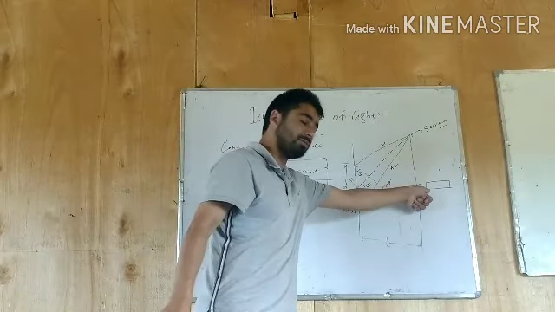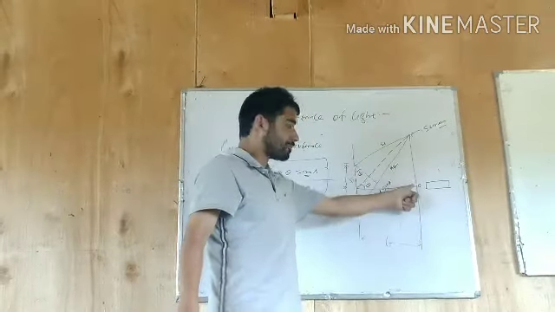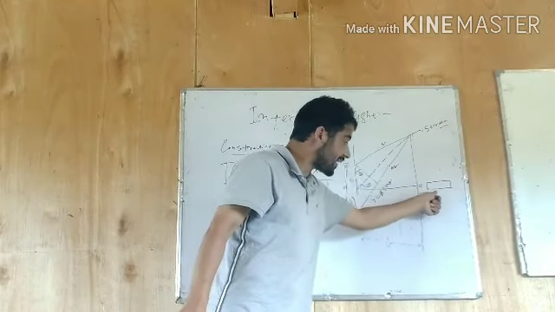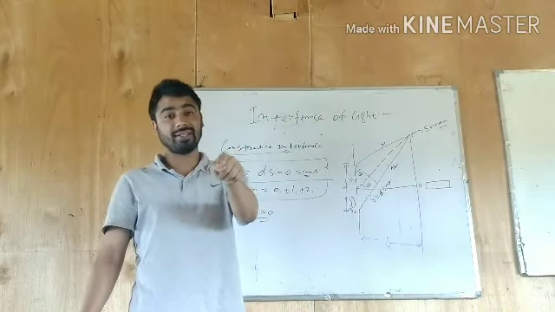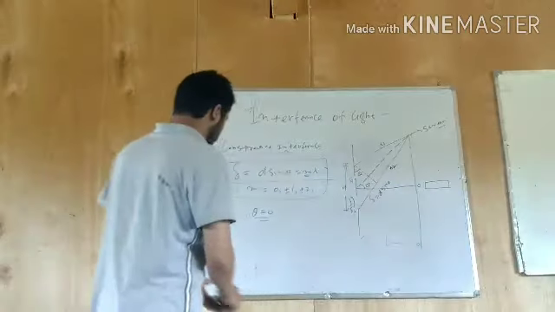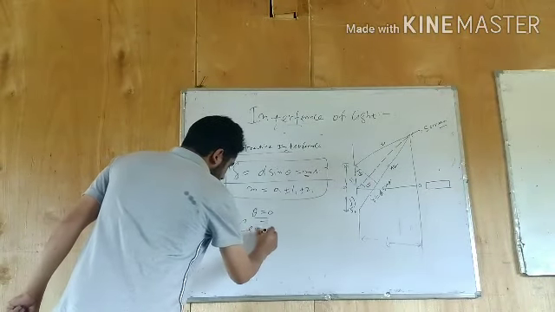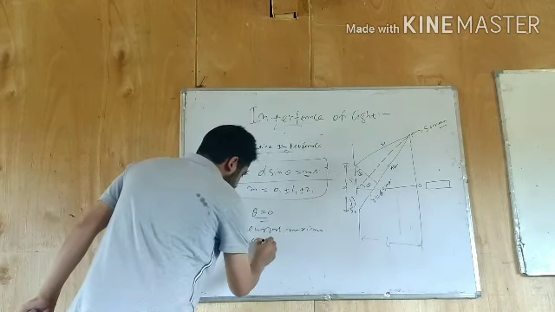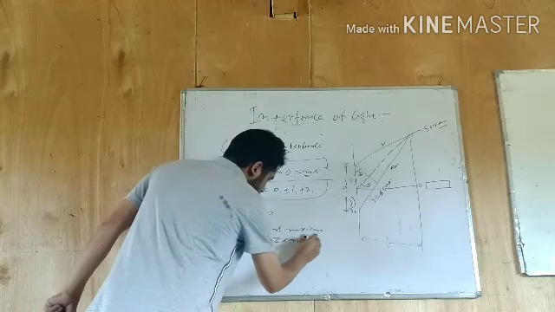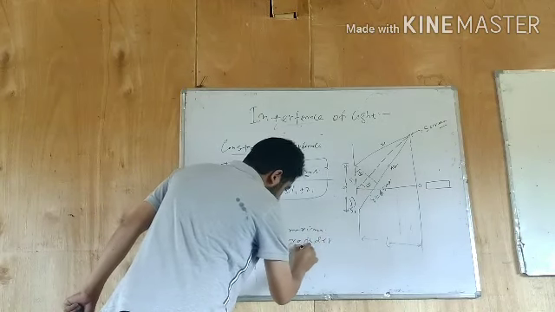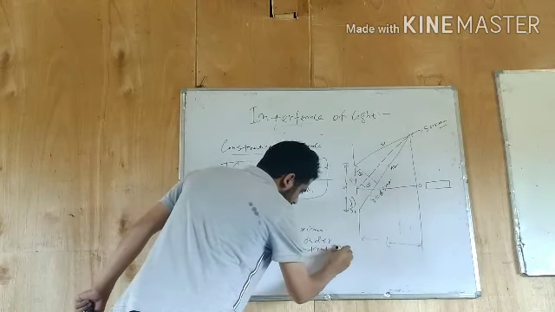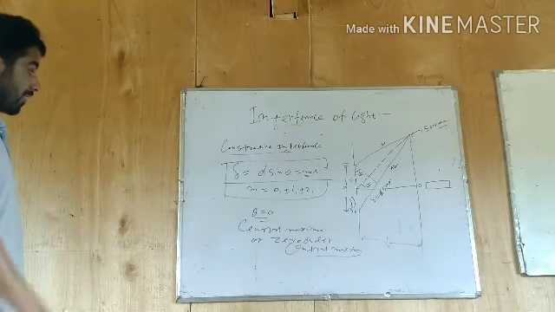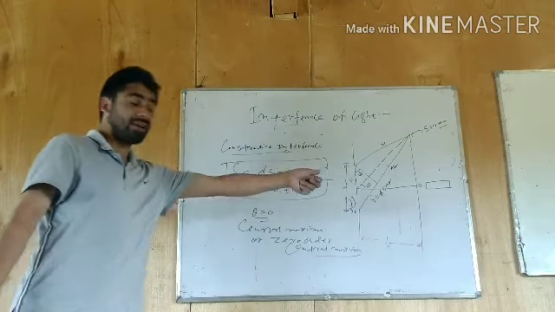Here this condition is meant for the constructive case, so a bright fringe results, but this bright fringe lies exactly at the center of the screen, and we call it the central maxima. Zero order central maxima or central maxima, this is one and the same.